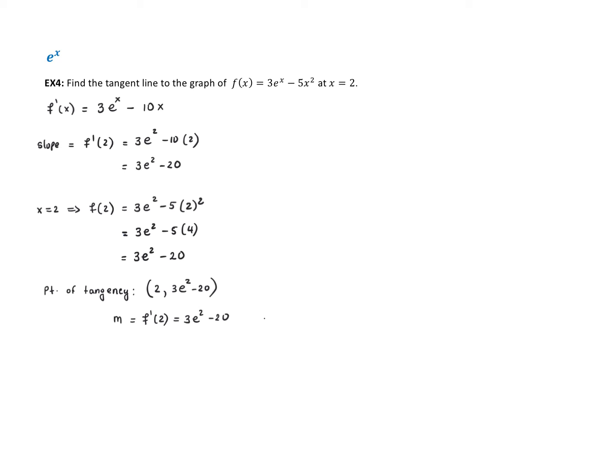So now that I have a point of tangency and the slope of the line, I can use the point-slope form of a line to find the equation. That's going to be y minus the y value of my point of tangency equals the slope, 3e squared minus 20, times x minus the x value of the tangent point, so x minus 2.